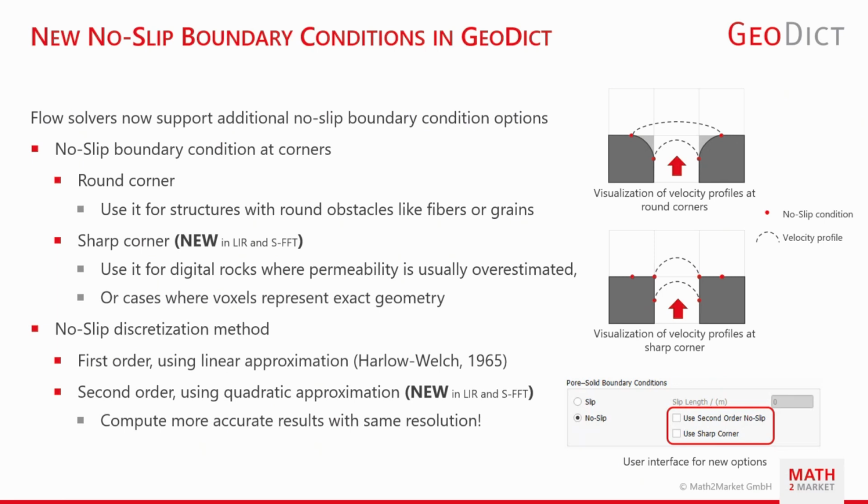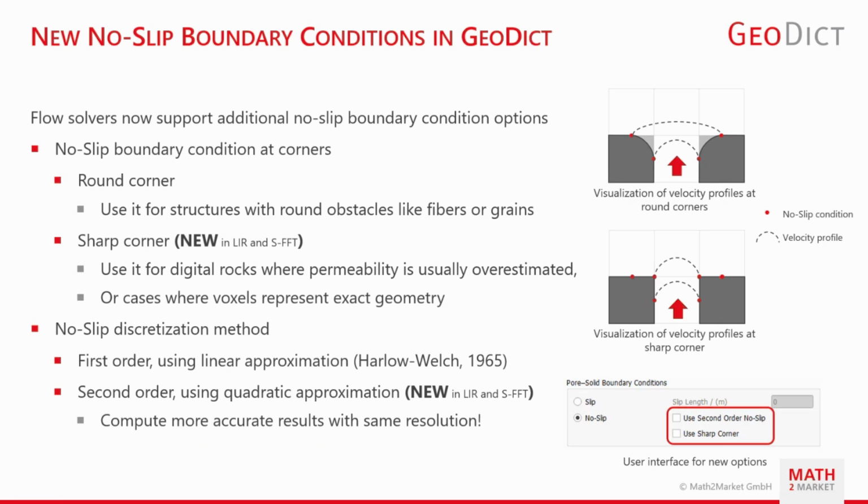The no-slip boundary condition can be enforced really at the corner, as you see on the bottom. And you see how the flow profile looks if a no-slip condition is not applied at the corner, but in the center of a face right after this corner. The round corner is ideal if you have round structures, for example, fibers, also grains.